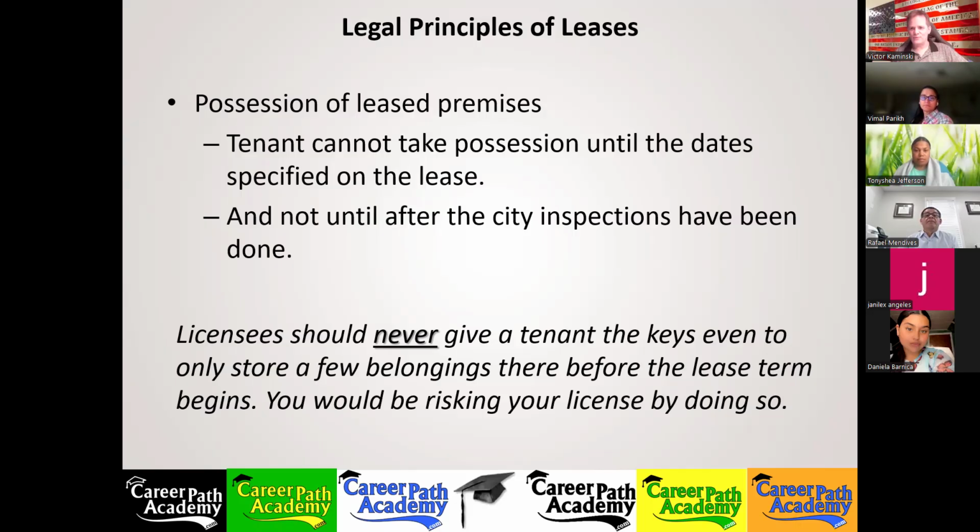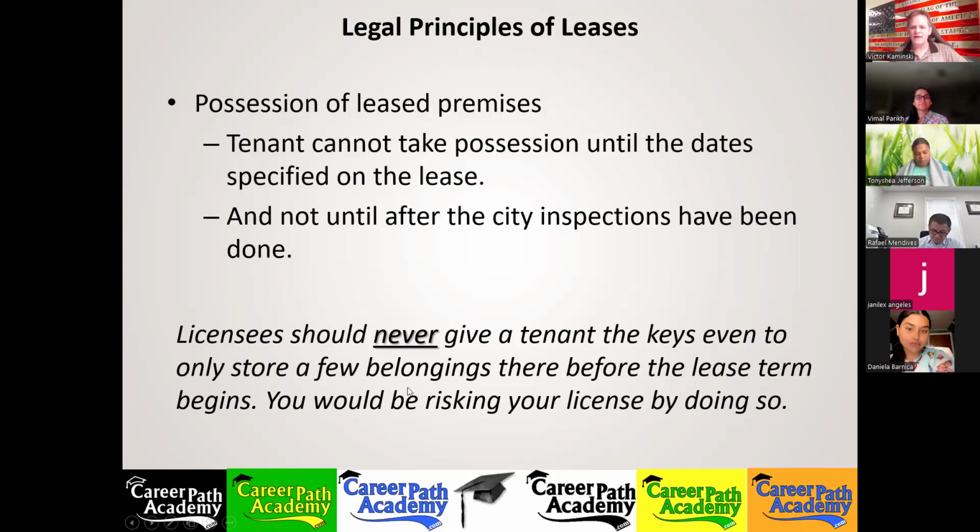If you let that tenant occupy the premises in any way, even by putting their belongings in there before the first day of the lease, and the city inspections, by the way, you cannot let anybody move in until after the city inspections have been done. The city inspections for the fire, for safety, and for lead.